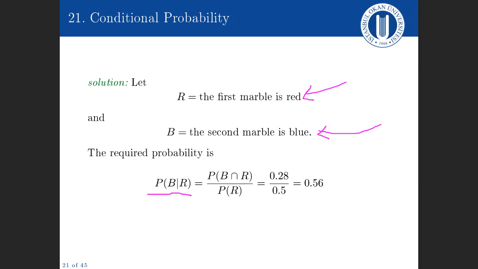And what we're asked for is the probability of B if we already know that R occurs. The formula from the theorem is the probability of B given R is the same as the probability of B intersection R divided by the probability of R. And the question tells us these numbers.